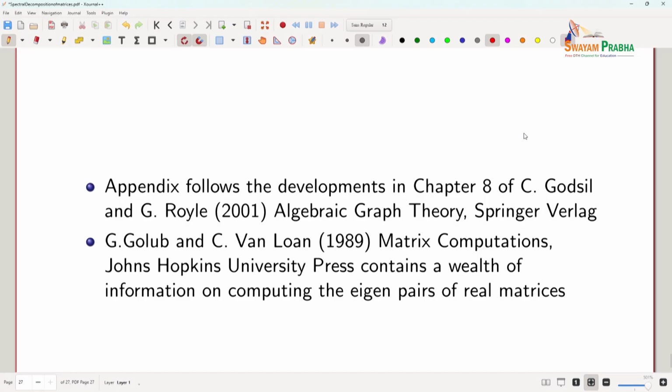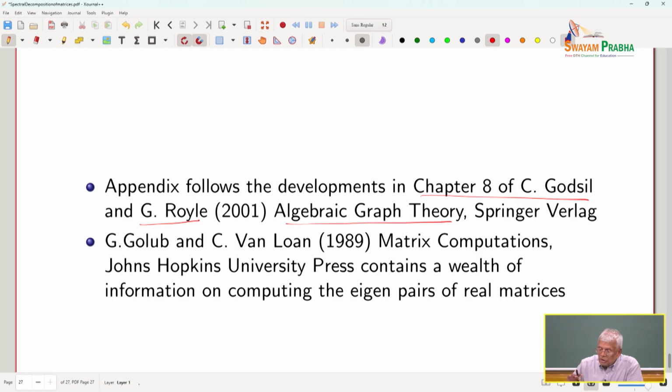This appendix follows from the development of chapter 8 of a book on algebraic graph theory by Godsil and Royle. It's a very nice book. The book is on matrix theory applied to graph theory. Computer scientists deal with graph theory, graph theoretic models. And the major tool in the analysis of graph theory in this book is matrix theory.